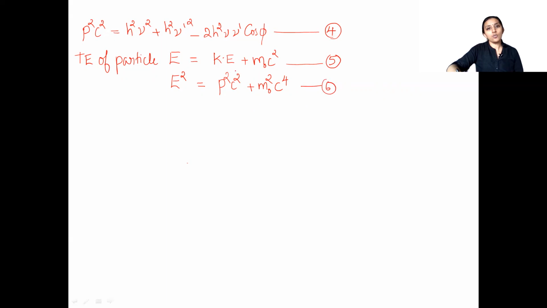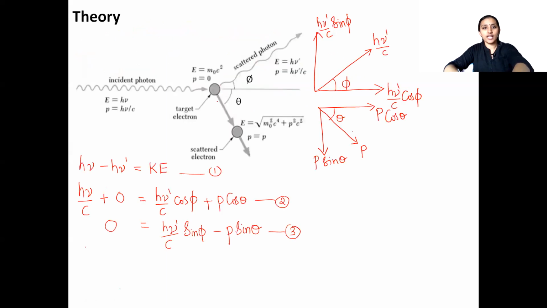Okay, so now we can substitute for kinetic energy in terms of the photon frequency, right? Equation 1, we have an equation here, that is h nu minus h nu dash is equal to kinetic energy.